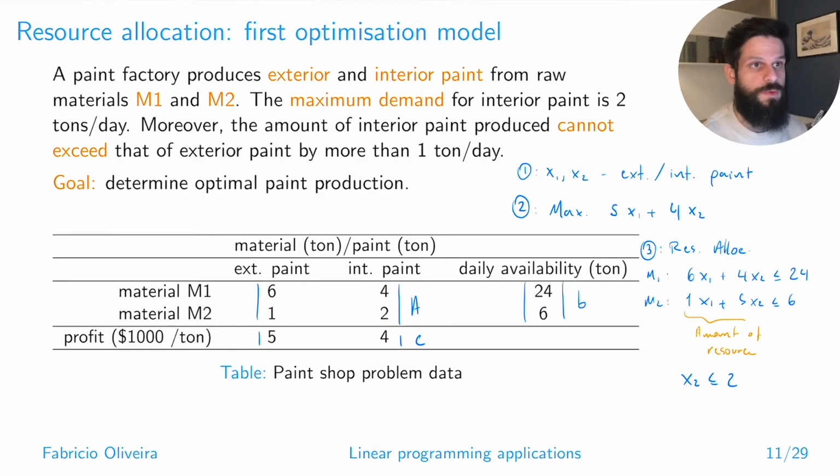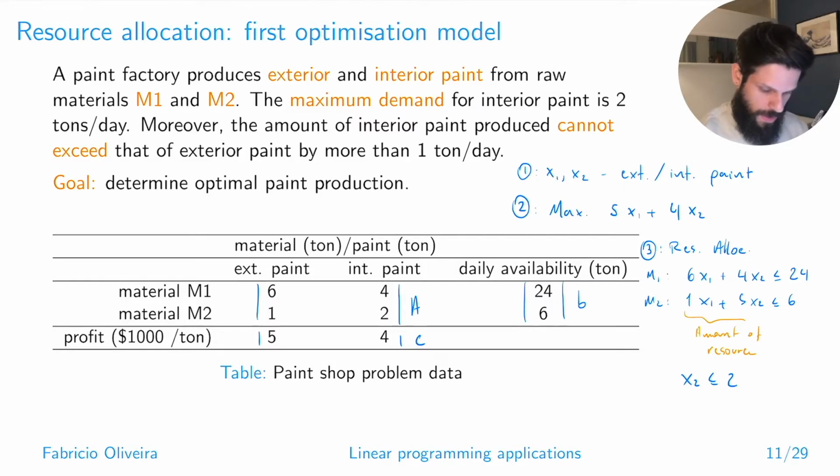And that's how I express it with a linear rule. In this case, it's pretty obvious that I only have one variable. And the other rule is saying that the amount of interior paint cannot exceed that of the exterior paint by more than 1 ton per day.